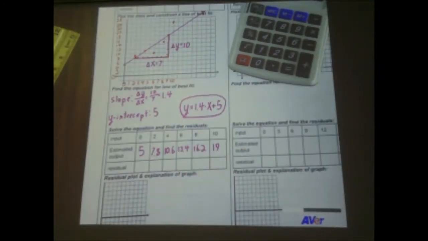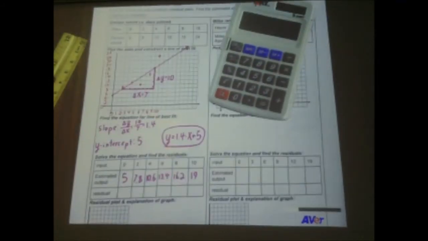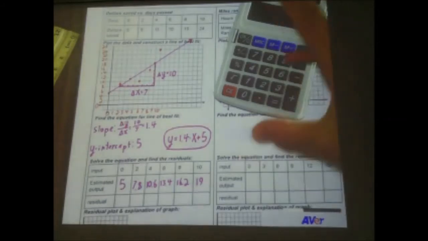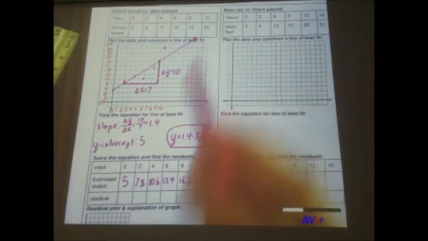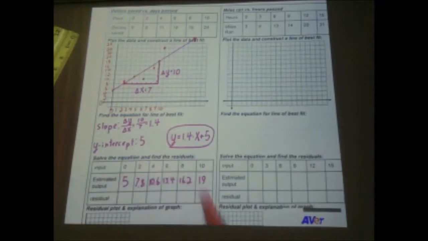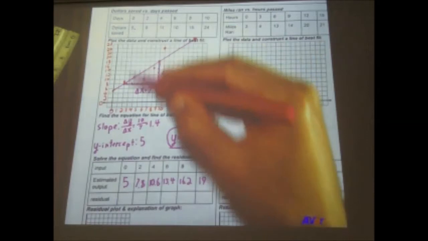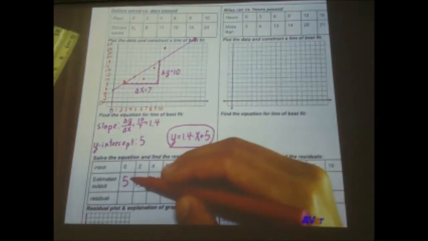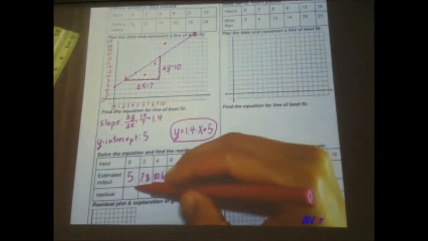And the last part is to find the residual. Remember, the residual is actual data, which is right here, minus estimated data, which is right here. So we do the actual data minus the estimated data. My first residual is 5 minus 5, which equals 0.